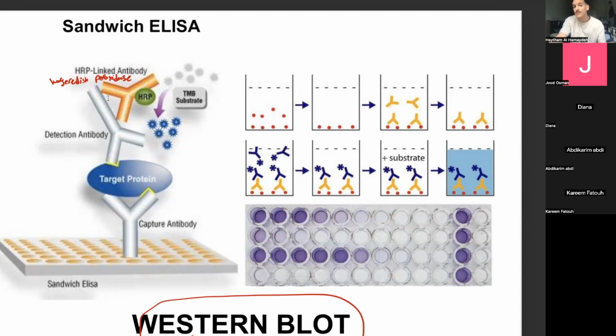How can we detect where the cytokines are? We add a substrate, in this case, TMB. When TMB is added, this enzyme would digest this substrate, changing color. The change of color tells us exactly where the cytokines are, and we can calculate how many are there.